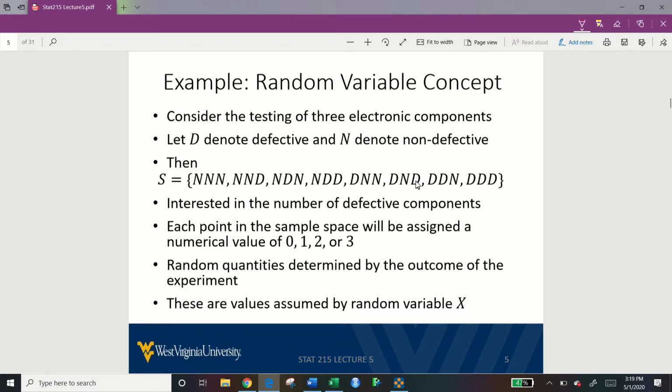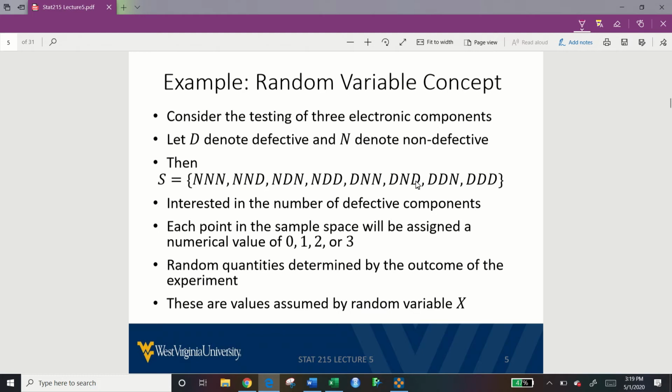In other words, it's all of our possible combinations of pulling 3 electronic components, and all possible combinations, not permutations, of defective and non-defective components.